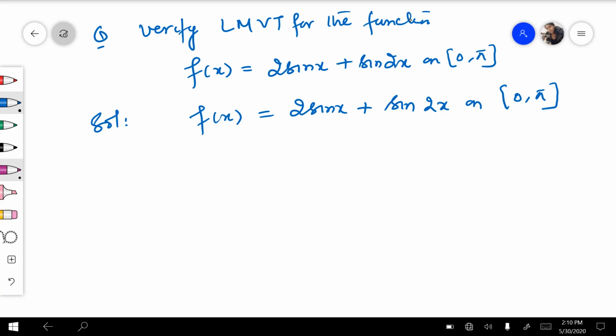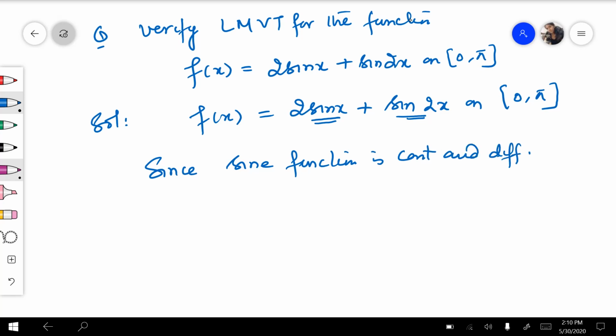If you look at this function, this is sine of x, this is another sine of x, and you know that sine function is continuous and differentiable in R, and sum of two continuous functions is continuous, sum of two differentiable functions is differentiable.